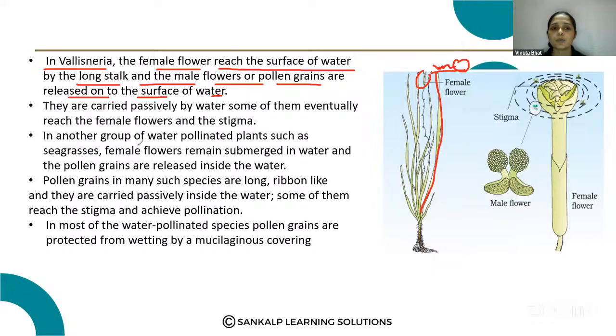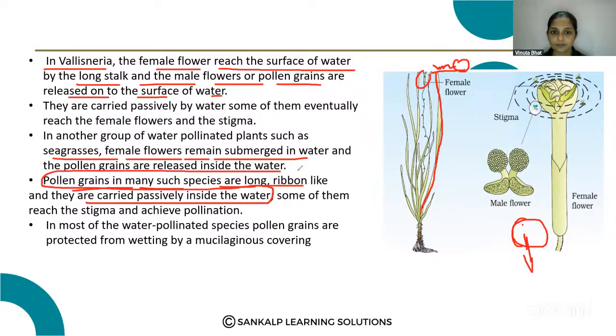In another group of plants such as sea grasses, female flowers remain submerged in the water. The pollen grains in these species are long and ribbon-like, and they are carried passively inside the water. This statement is very important.